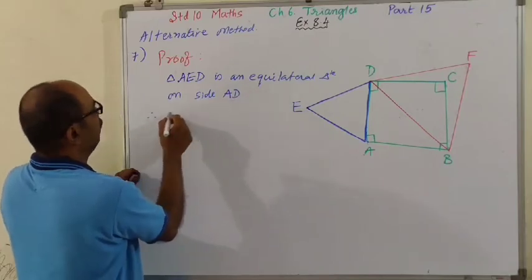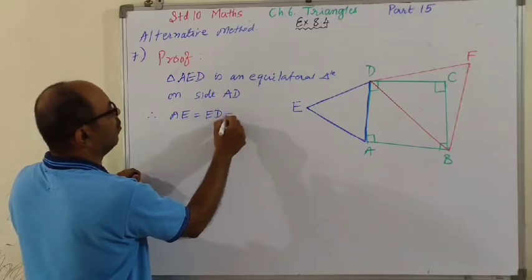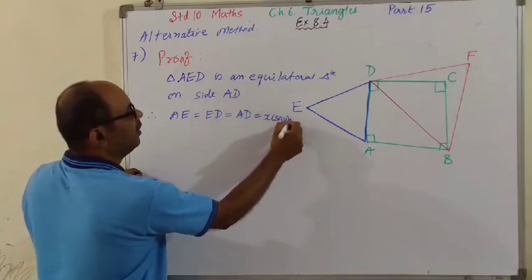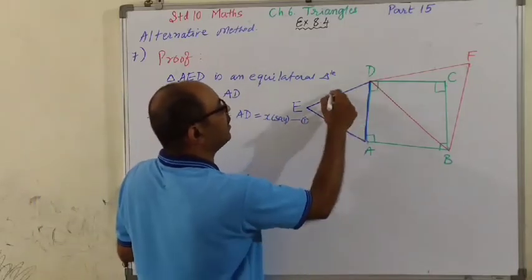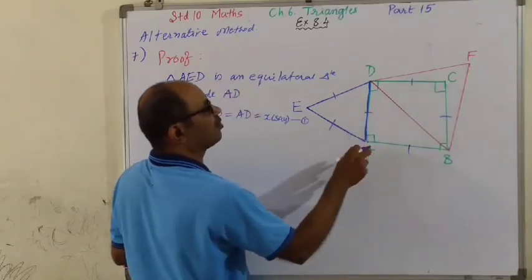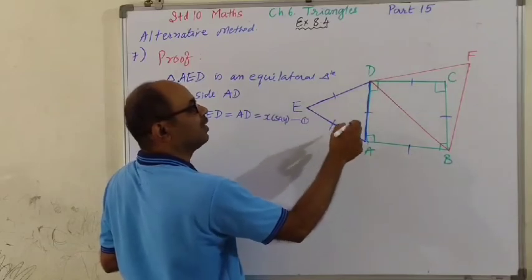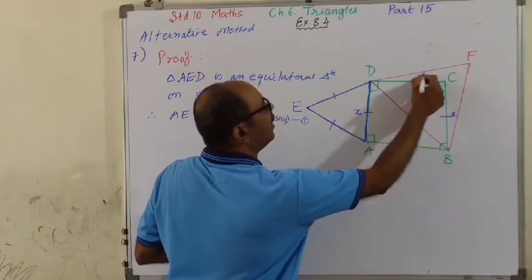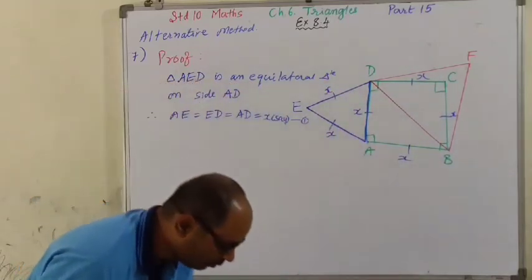Therefore AE equal to ED equal to AD, that is equal to x, say. Result 1. All three sides are equal. All sides of the square are also equal. This side of the square is also the base of the blue triangle. If that is x, all this is x, and these three sides are also x. Alright, fine.